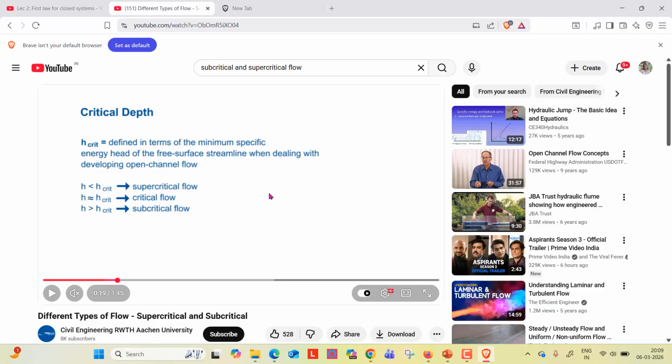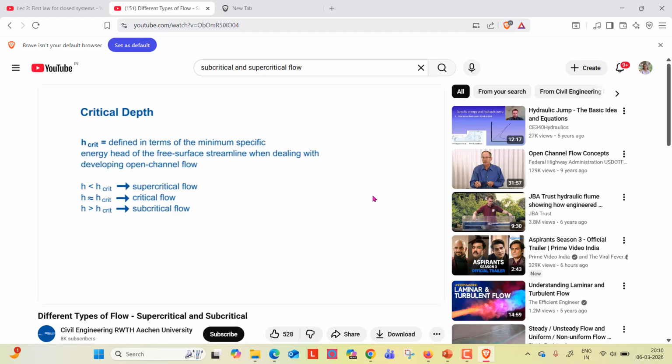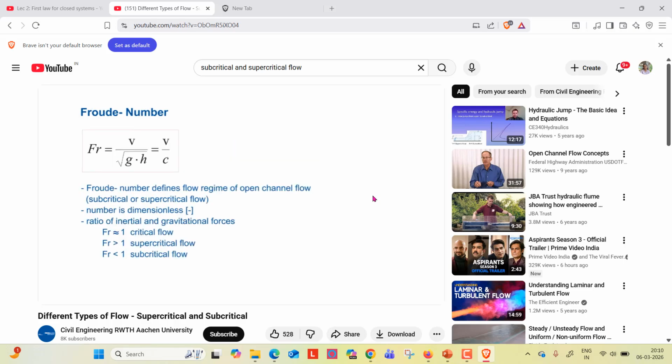Because the downstream bottom portion is not very sharply steep; the downstream is very gentle. That is why this happens. So here it is written: less than 1 is supercritical, equal is this one. You have seen how the Froude number works.